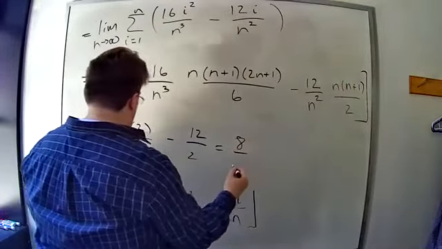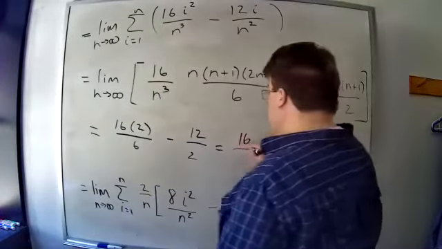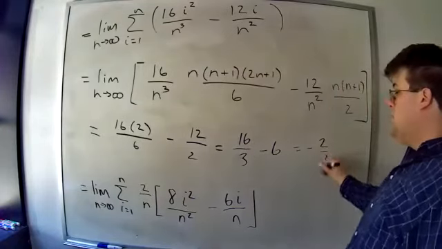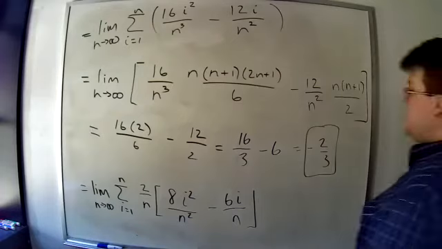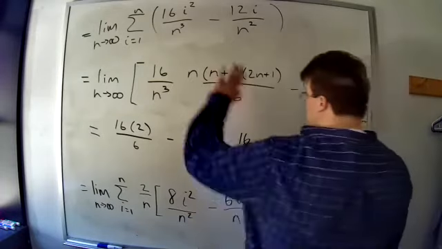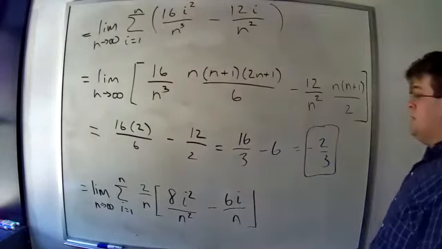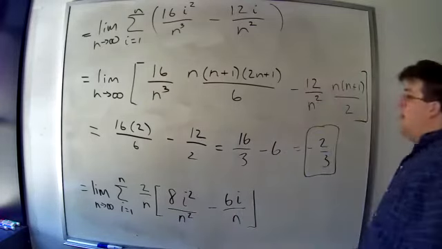It gives us 8. No, it doesn't. It gives us 16 thirds minus 6, which does equal negative 2 thirds. And these are set up, at least for nice small polynomials, to parallel, at least in the end, the definite integral.